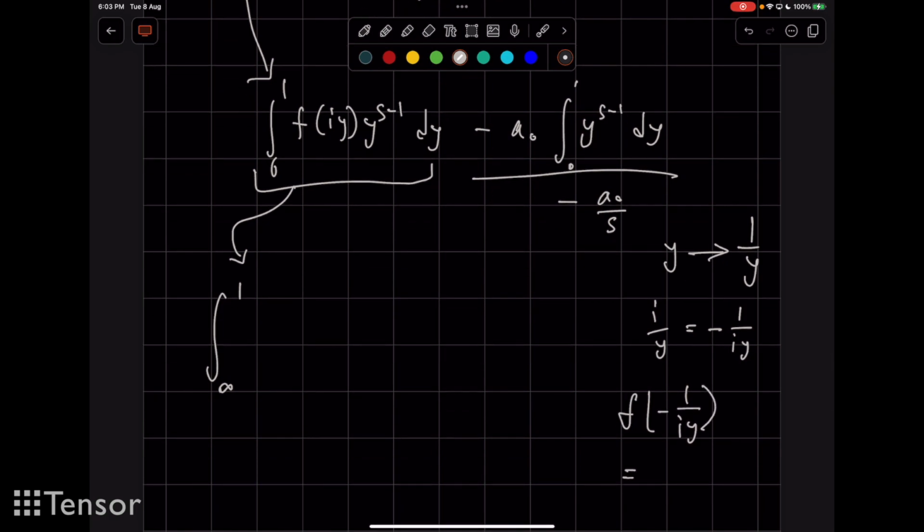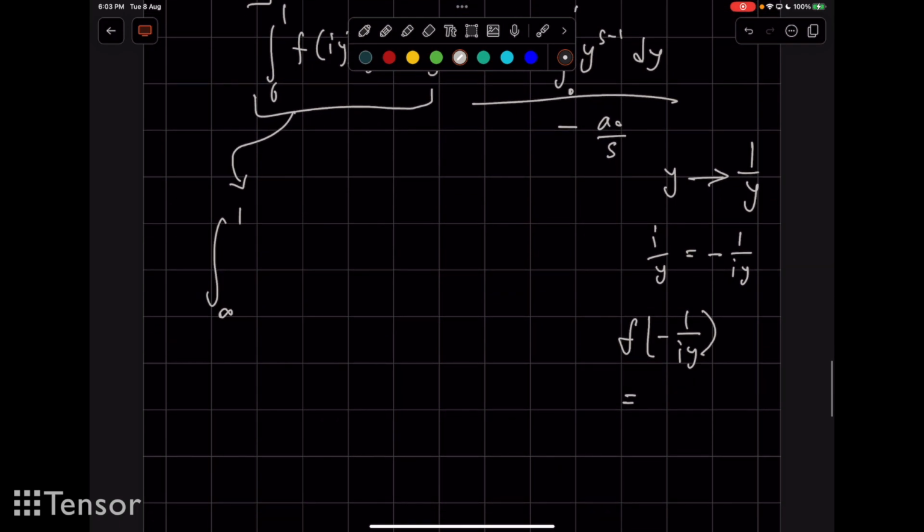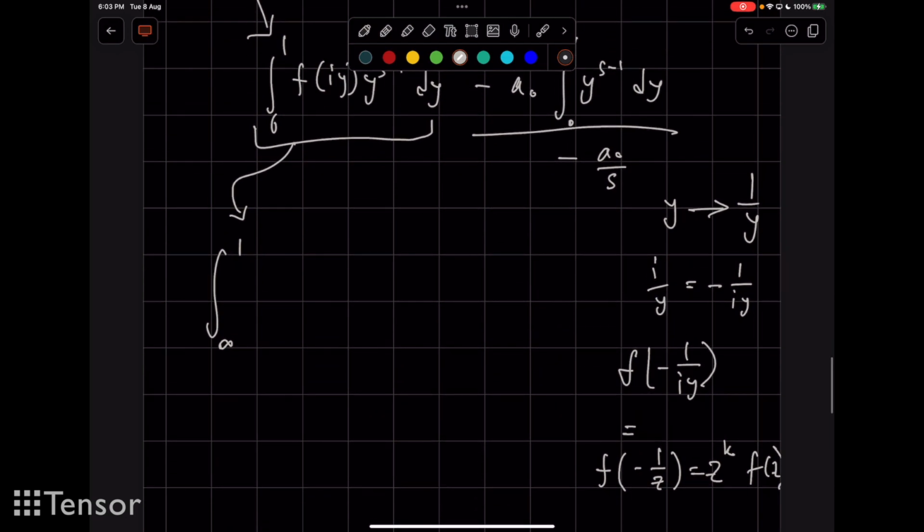We know the definition of a modular form. The definition says that f of negative 1 over z is equal to z to the k times f of z.